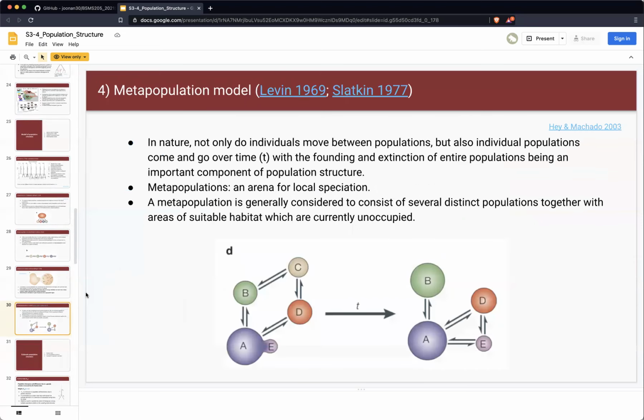These types of migration also happen locally by small populations, so we call it the metapopulation. From population A, a small population buds out from here, and they also migrate to other populations as well.